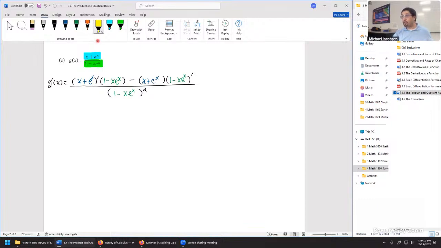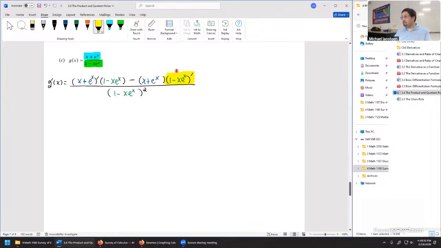Our goal is to train our eyes to see when the rules come up, and how to navigate through the rules in an efficient way. So even if it gets a little bit convoluted and overwhelming with all the stuff here, if we just focus on this one spot, get that derivative in, we can substitute it back in and be on our way.